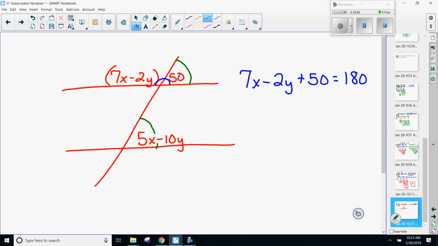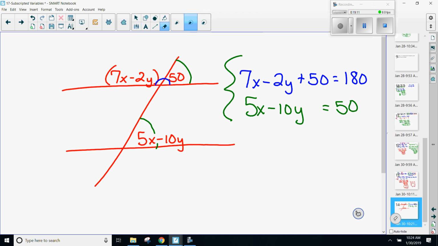We have parallel lines cut by a transversal. Those are corresponding angles. So now we have this equation where I know that 5x minus 10y is equal to 50. Can you solve that and find out what x and y are? Yeah. Elimination substitution, right? I would probably take this top equation and I would do something with this 50.